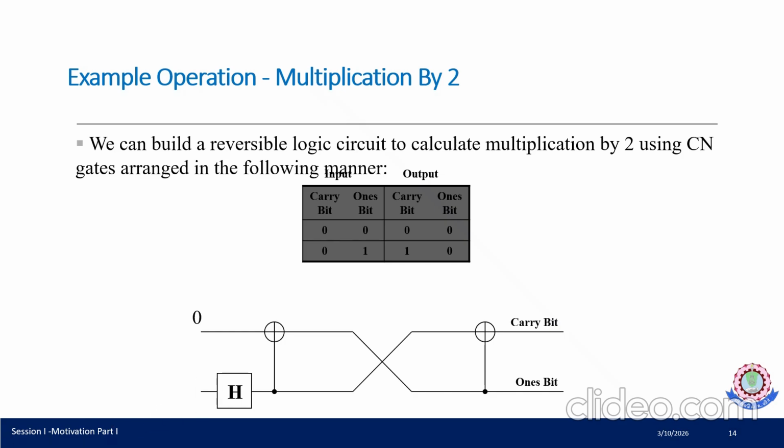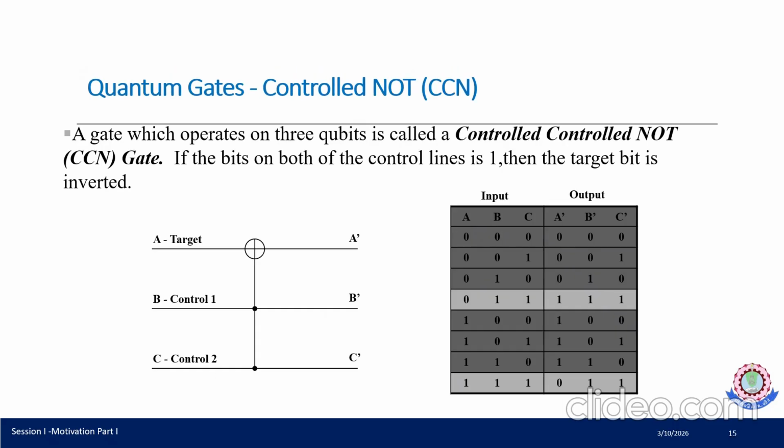Now the controlled NOT gate extended to three inputs, two control lines and one target line, is called a CCN gate. If a gate operates on 3 qubits, it is called a CCN gate. If the bits on both control lines are 1, then the target is inverted.